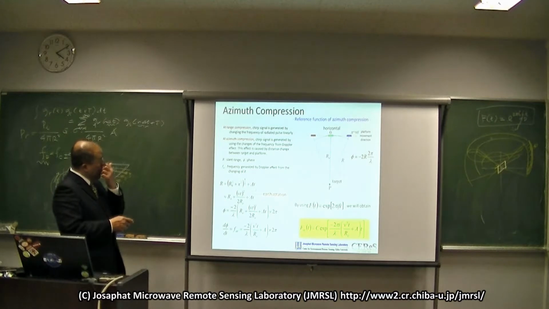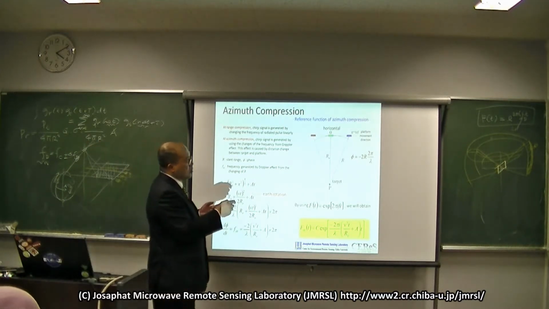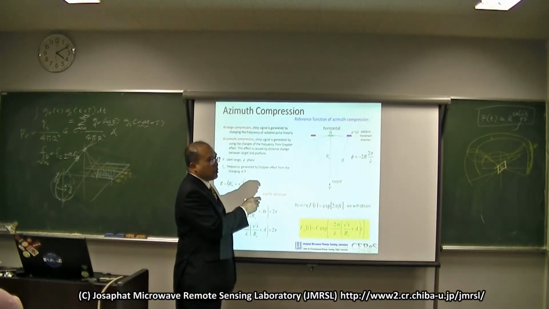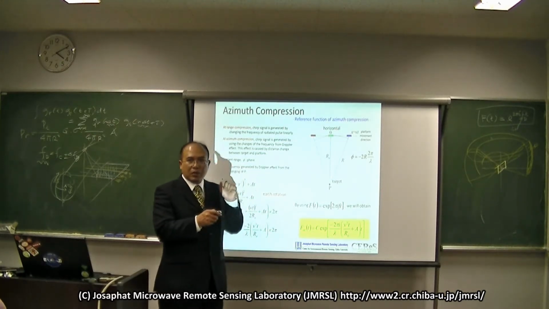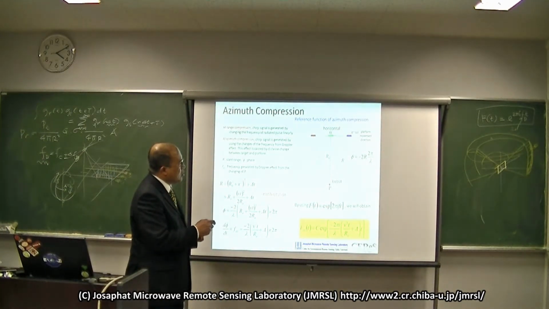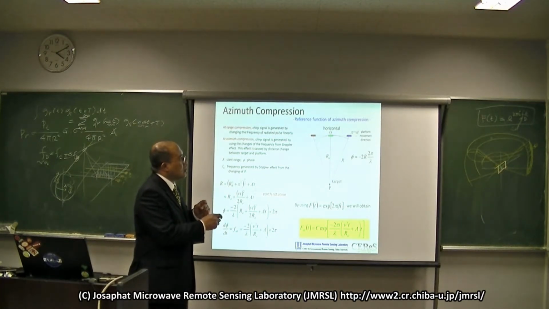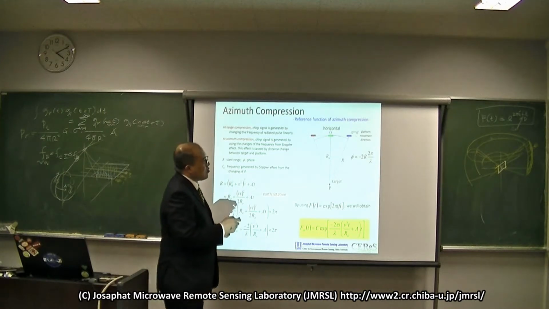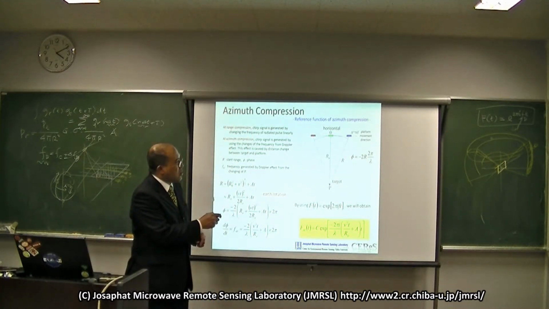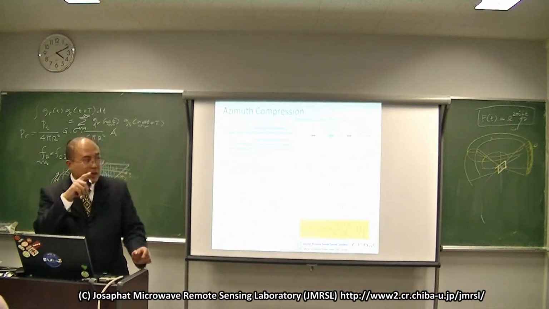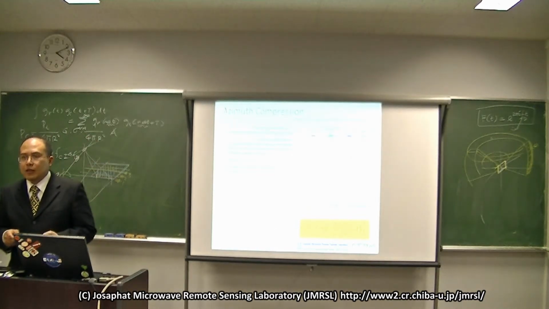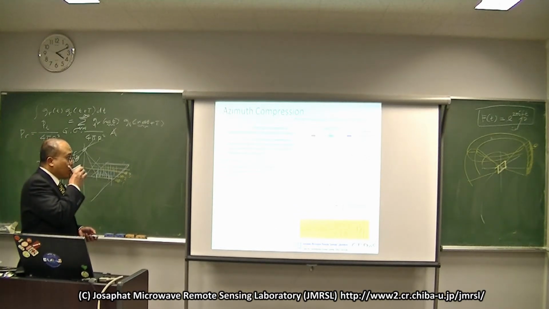When the spacecraft moves from this point to this point, with position x equal to v t, where v is velocity and t is the time, and the perpendicular distance is R0, then this distance is R. Let's consider that the phase change is equal to minus 2R, since we transmit and receive, 2R, times 2 pi divided by lambda, which is the ratio of the phase.